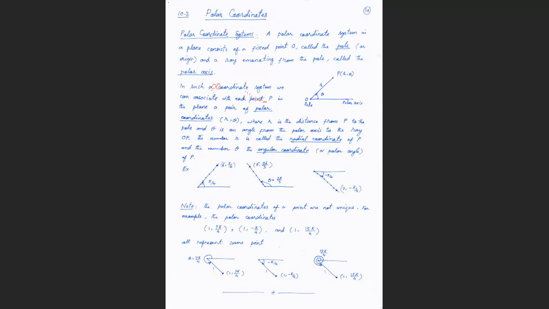And minus pi by 4 means, see, this is 0, this is pi by 4. The opposite direction of pi by 4 is this one, so you can write this as minus pi by 4.